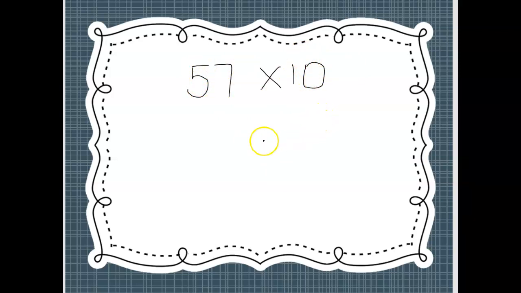All you're going to do is add that 0 to the end of this 57. It only works with tens. You just add the 0 to the end of that number, and it's 570. So these are the patterns. It's a pattern when you add the zeros, or when it's 10 times larger.